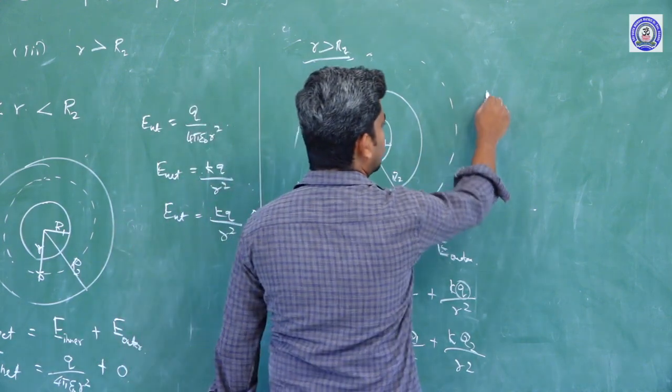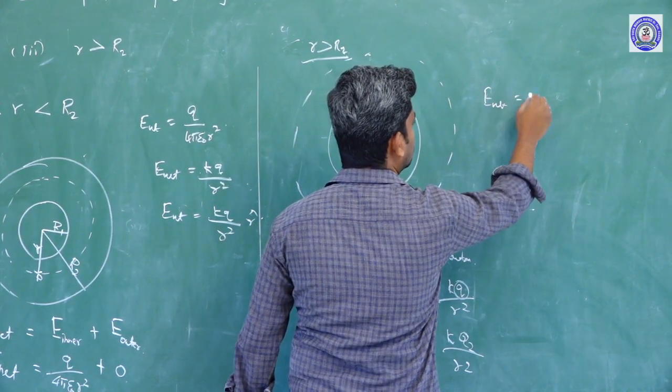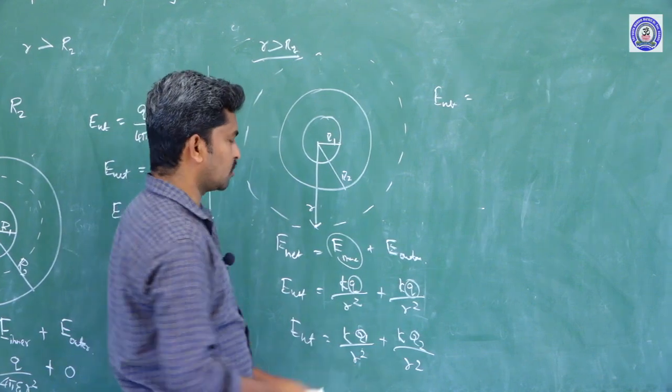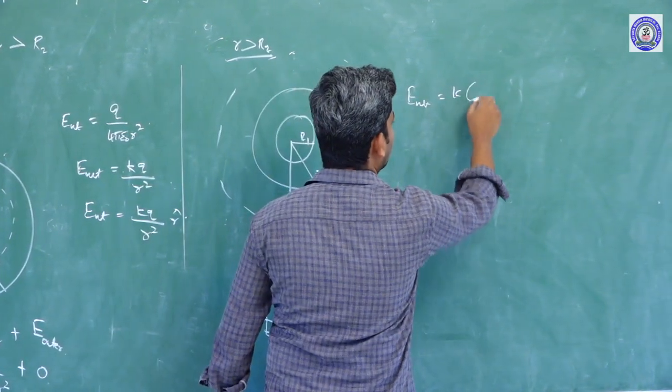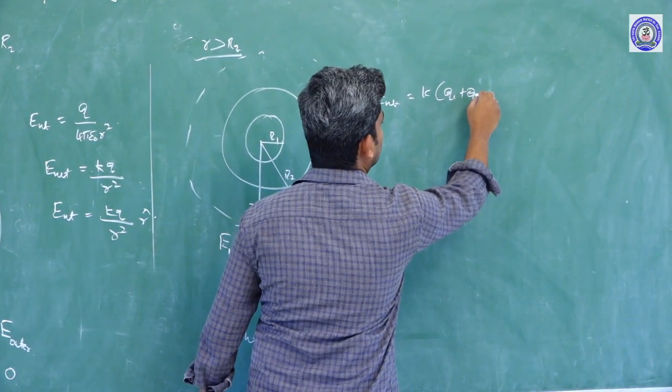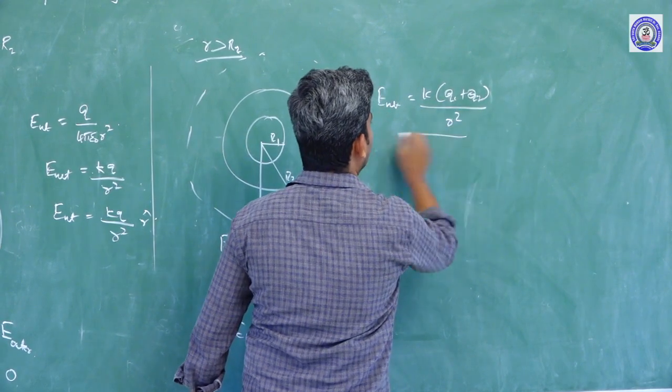So the net electric field outside is K common, times the net charge Q1 plus Q2, whole divided by R square.